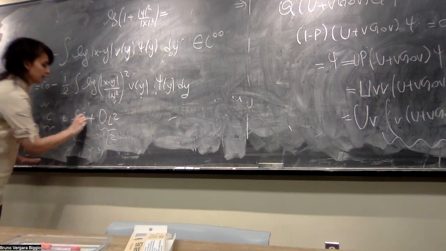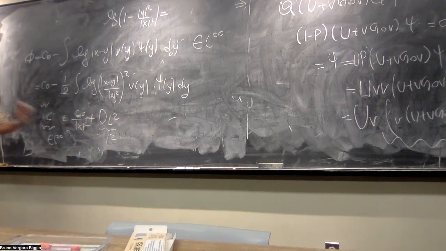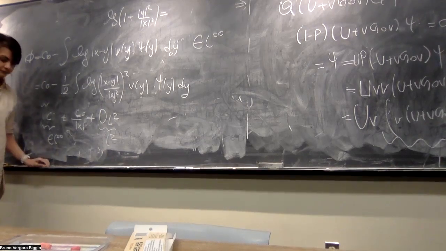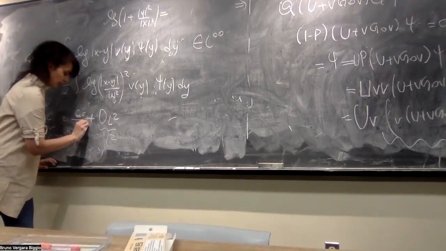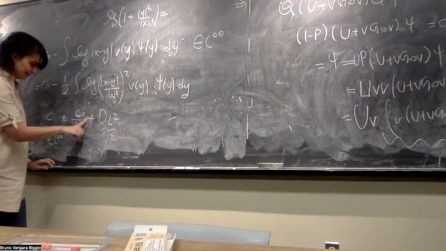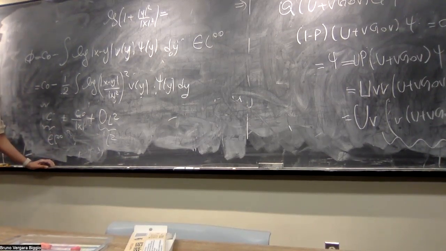Oh, okay, now I understand, this is what you mean. So 1 over x is in L^p for p strictly larger than 2. Yes, that's right, because of the expansion. Then this is good.